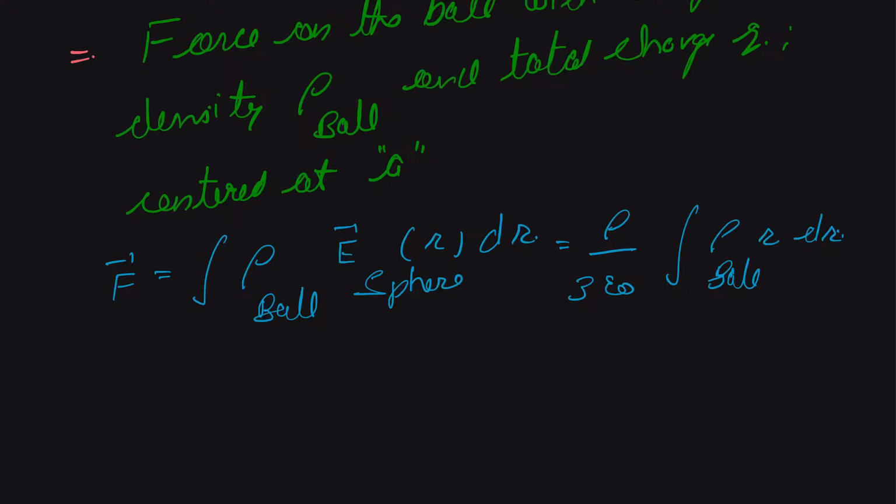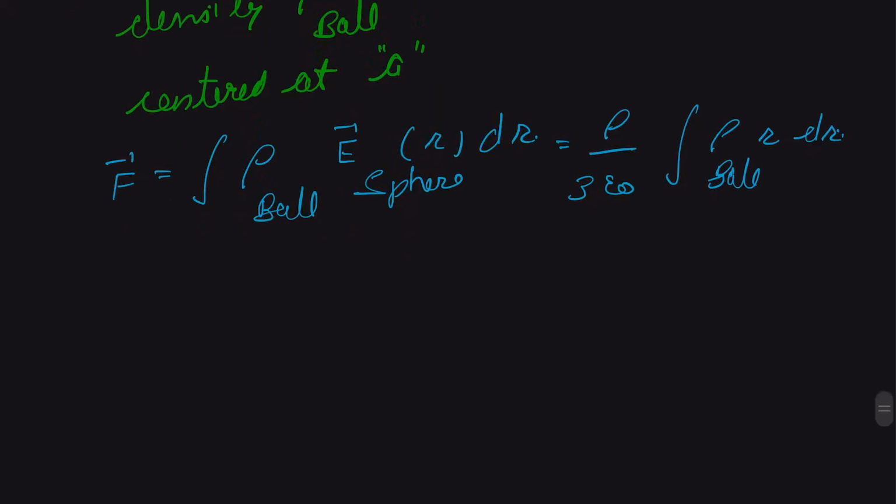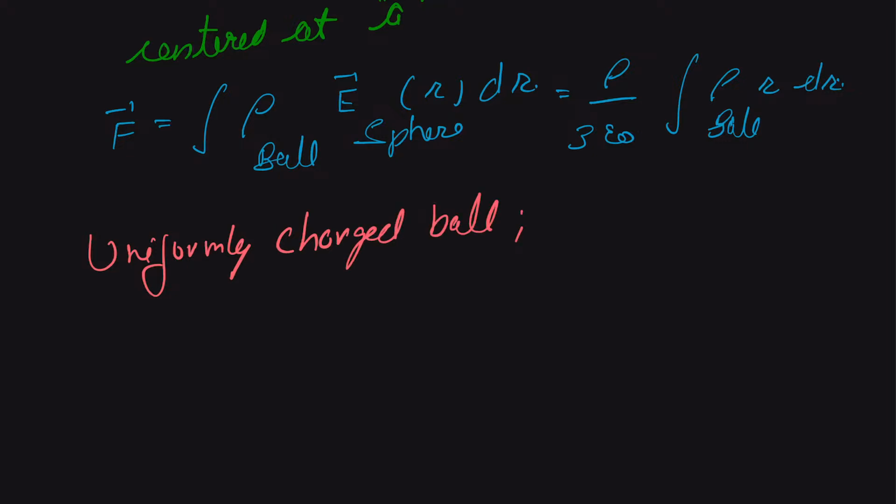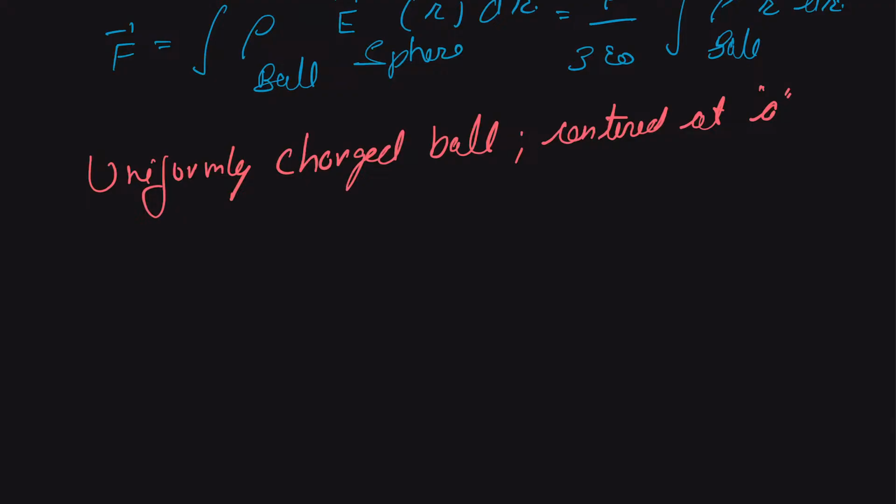Now we are given that we have a uniformly charged ball whose center is at A. Therefore we can calculate its integral part.